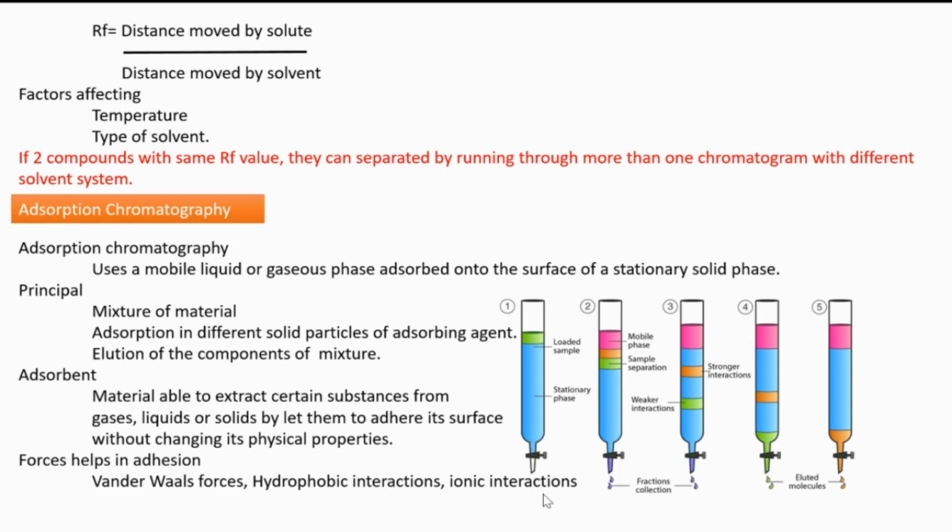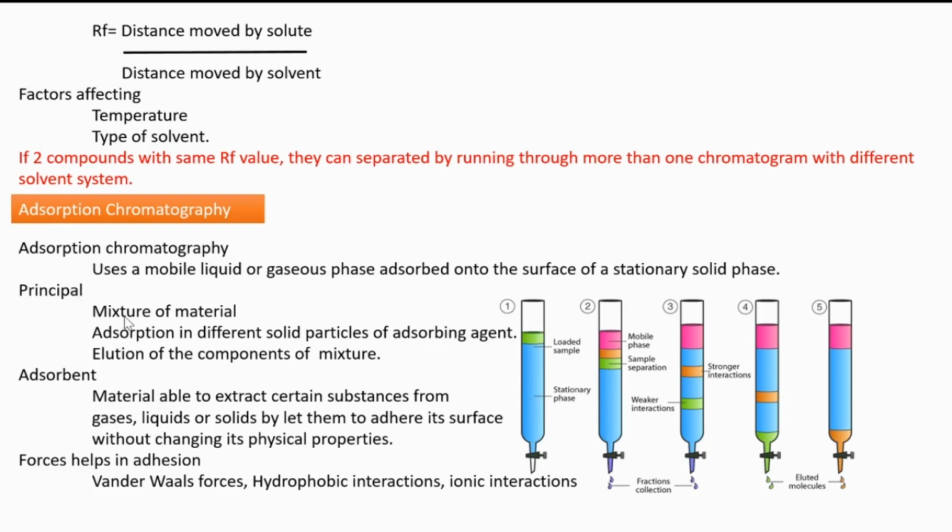Later, those substances that bind strongly, we need to wash out by adding more mobile phase or solvent. That is the process, simple.